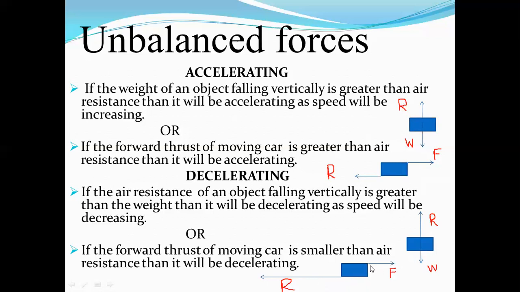You can see that their magnitude is not the same. Over here the magnitude is also not the same. So if the magnitude of the forces acting on the body is not the same, then either the body is accelerating or it is decelerating.